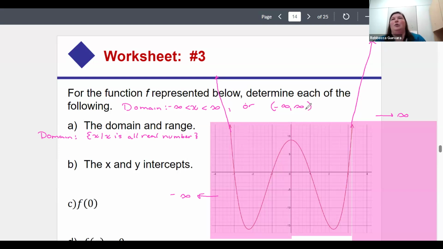We can't include infinity, because to include it means we'd have to be able to obtain it, and we can't obtain infinity. It just keeps getting away from us. So what we're saying is we're approaching it, but we can't touch it. As I was saying, we stay open at infinity.